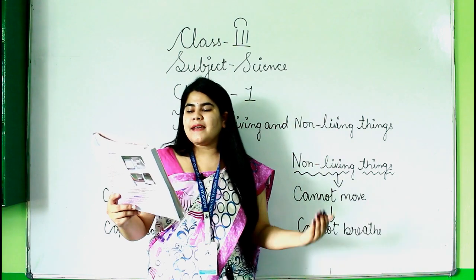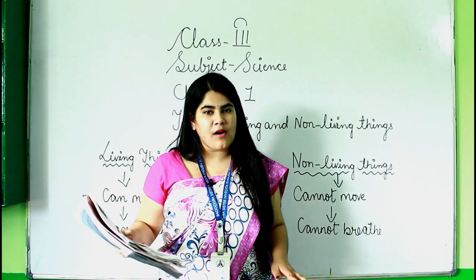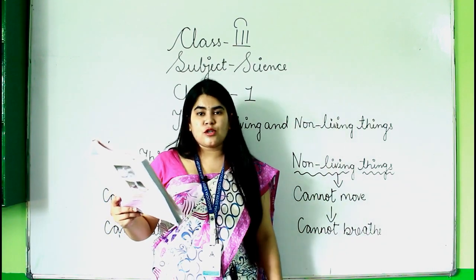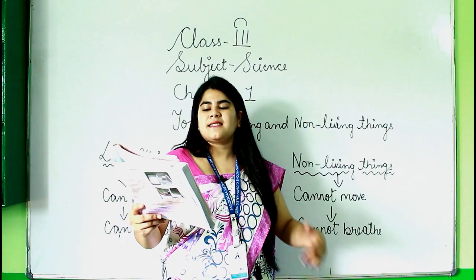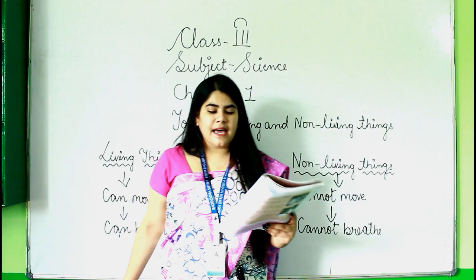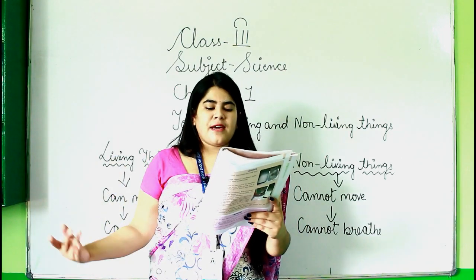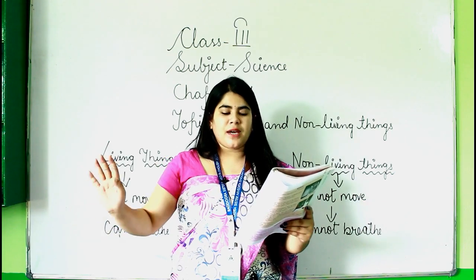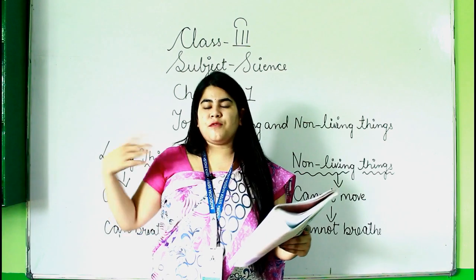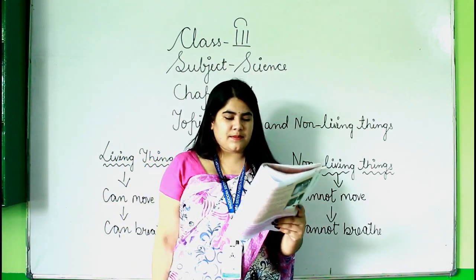Humans and animals can feel changes around them with the help of sense organs. As I said, skin helps us to feel hot and cold, okay? When we touch something hot, we immediately move our hand away. Why? Because we could feel that temperature, that it's very hot.